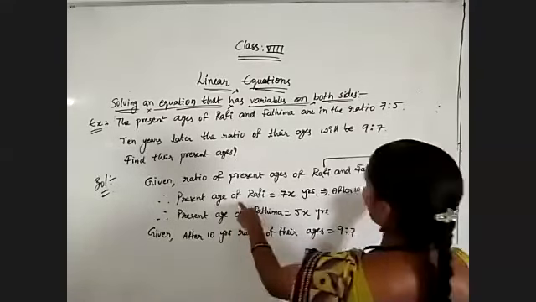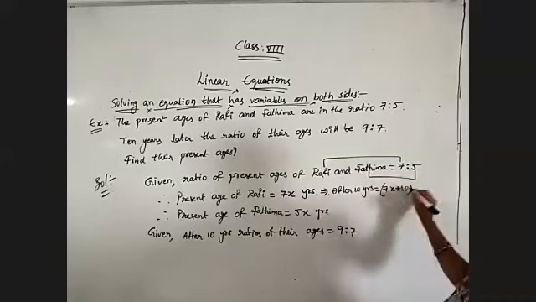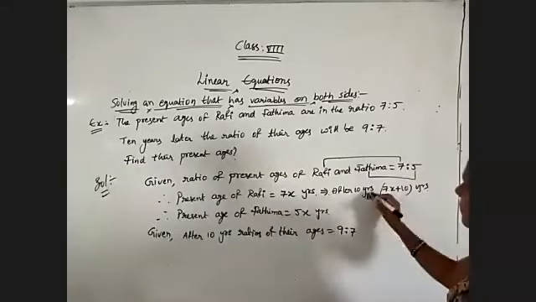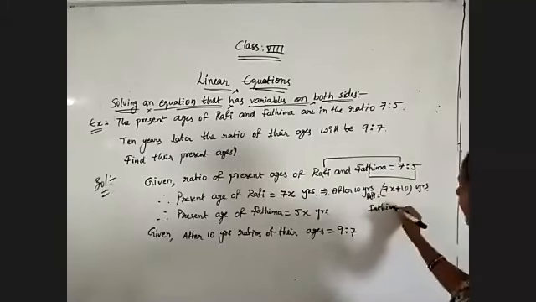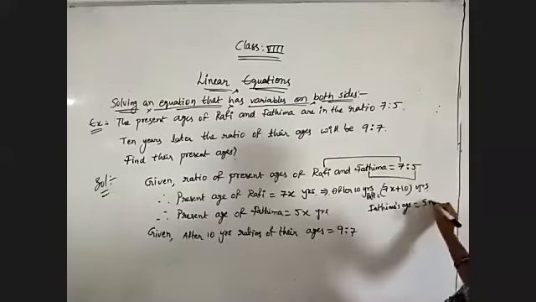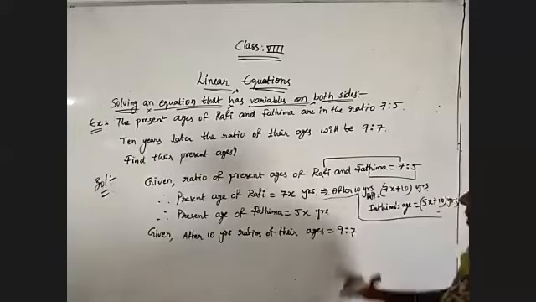After 10 years, Rafi's age will be 7x plus 10 years. Okay, this is Rafi's age. And Fatima's age will be 5x plus 10 years. Okay, these two we also need to write after 10 years.